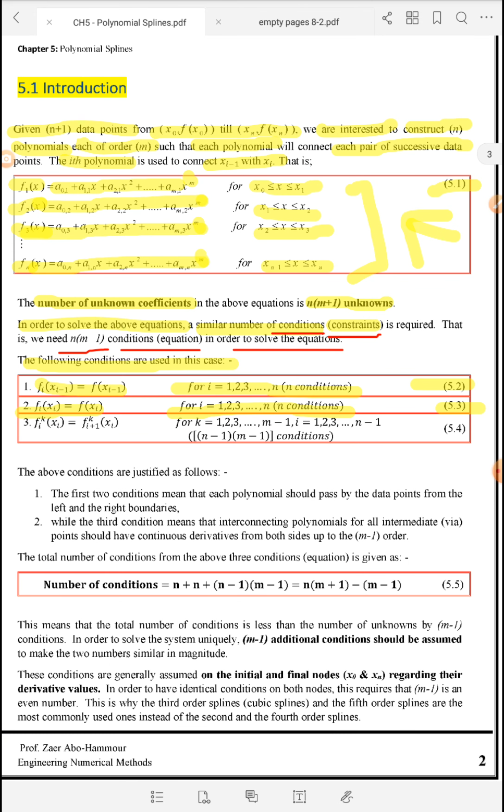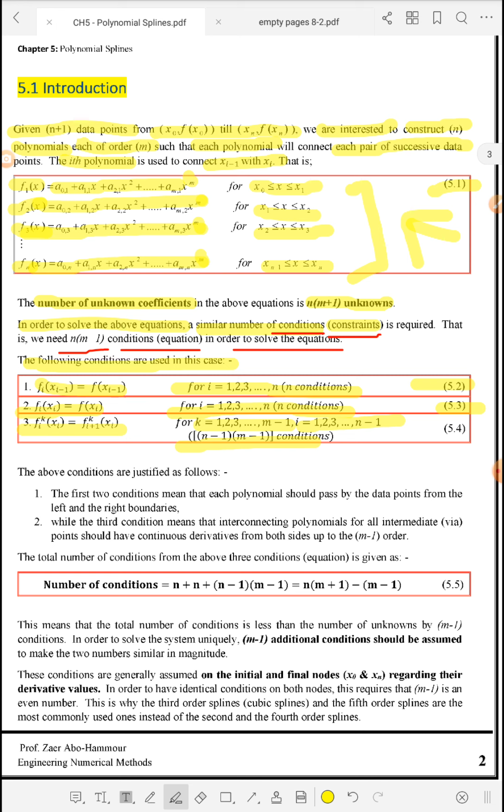So here, this is the third condition. The kth derivative for the ith polynomial at xi should be equal to the kth derivative of the i plus 1 polynomial at xi, and k is between 1 and m minus 1, and i between 1 and n minus 1. So we'll generate n minus 1 multiplied by m minus 1 conditions.